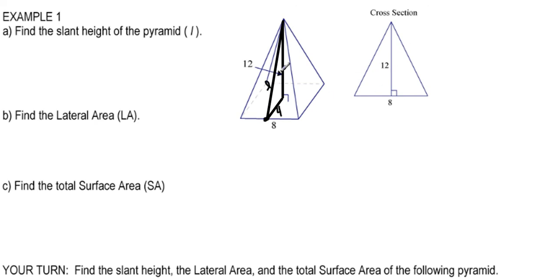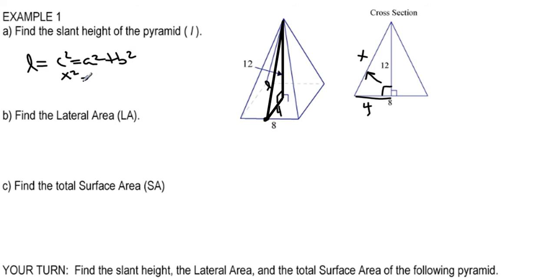So basically this is the picture we have, the right angle here. We have a height of 12, this is 4, and we're looking for the slant height, which is the hypotenuse of a right triangle. So the slant height would be c squared equals a squared plus b squared.